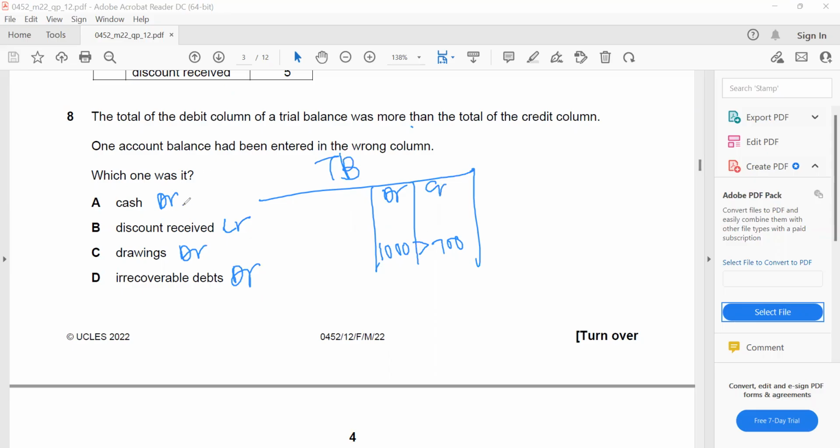So here, debit, debit, debit. If this is all debit, in order to make the debit more, then I make this one the wrong side. So all in the debit, then it will make this one more than the credit. So the possible answer will be B.